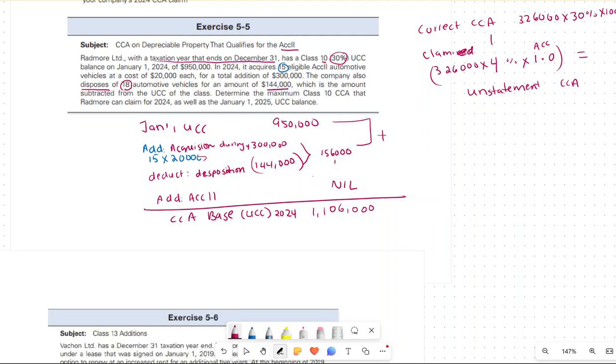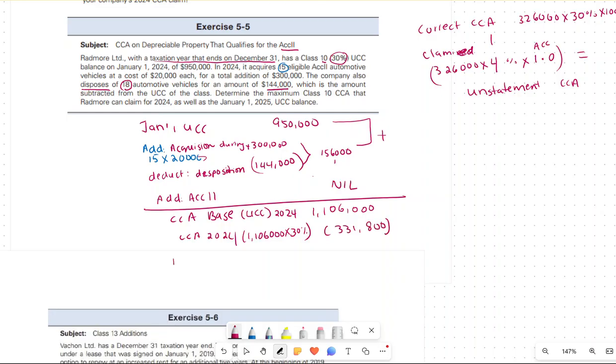I needed to claim my CCA for 2024. How am I going to do that? I'm going to take 1,106,000, that's my base, multiply by my CCA rate, and that is 30%, and that's the CCA that I'm allowed to take in this year.